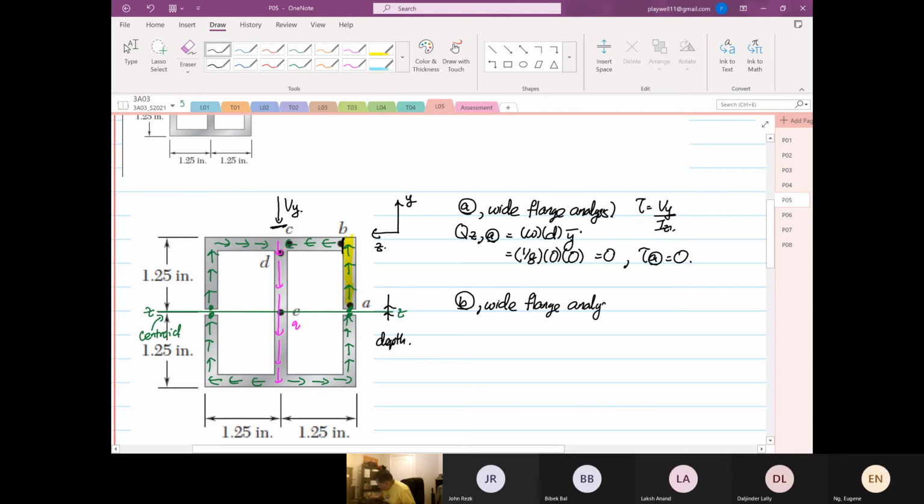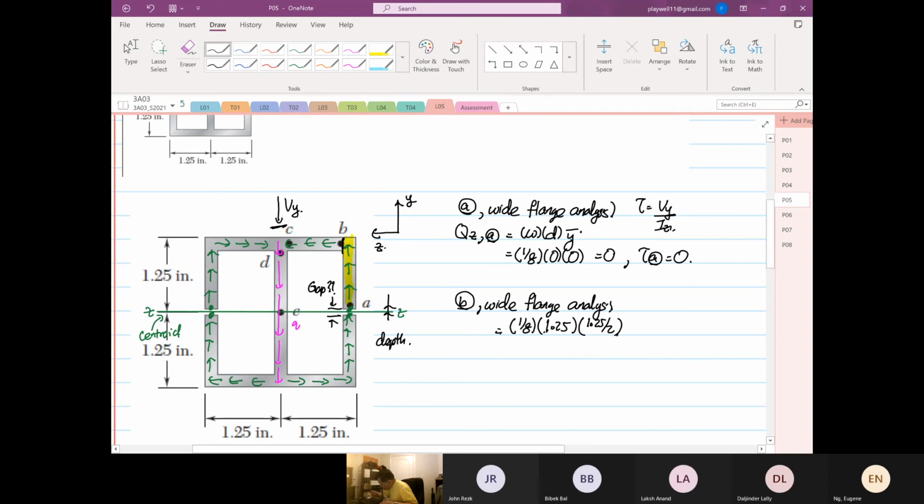But the more important thing is to find the first moment of area. So QZ at point B, right? So the width is still 1/8. Now the depth is 1.25, right? And then it's 1.25 divided by 2, approximately, because we don't know what this gap is, right? I'm going to assume that it's very small. That's why I assume it to be 1.25.